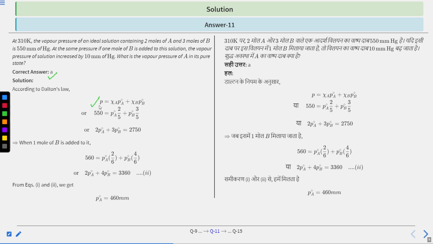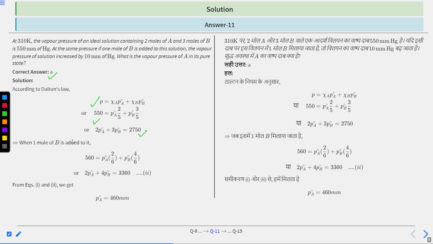On writing the values given in the question, we have total vapor pressure 550 equals PA naught into the mole fraction of A, that is the solute, which is 2 by 5, number of moles of solute upon number of moles in the solution, plus PB naught into 3 by 5, number of moles of solvent upon the total number of moles in the solution. And on solving this equation, we have 2 PA naught plus 3 PB naught equals 2750.